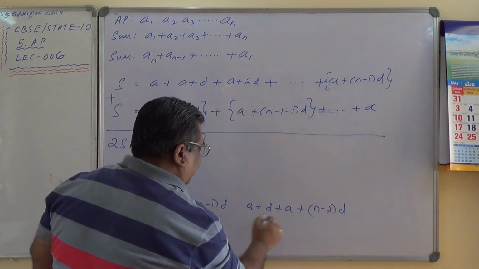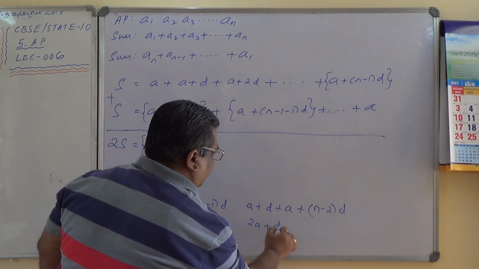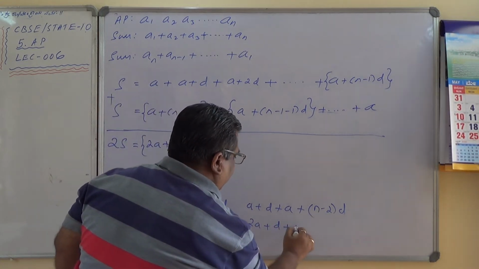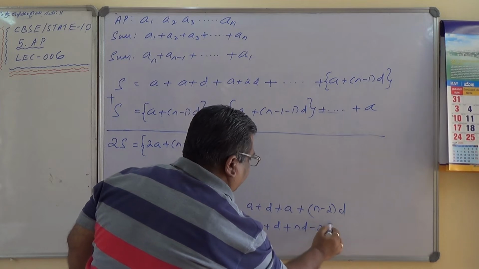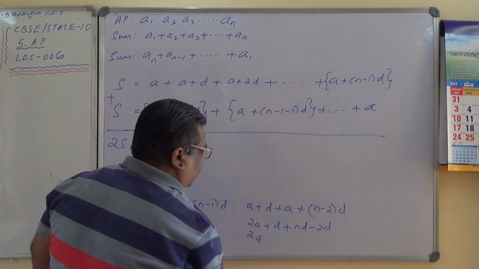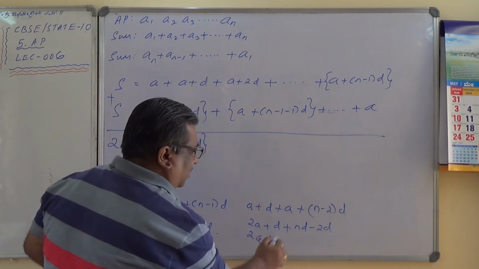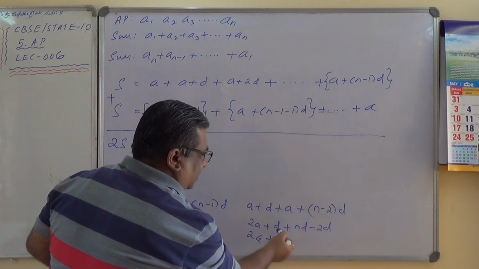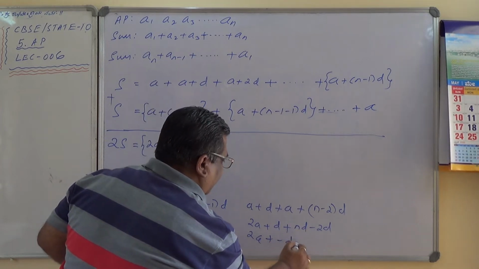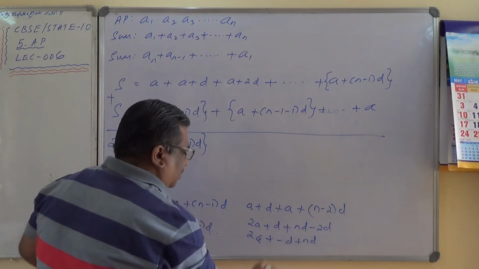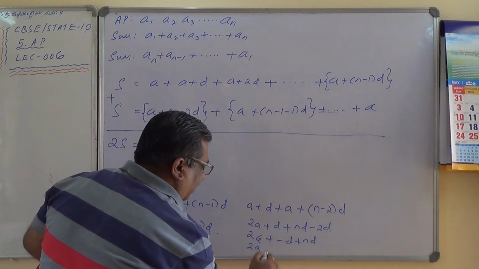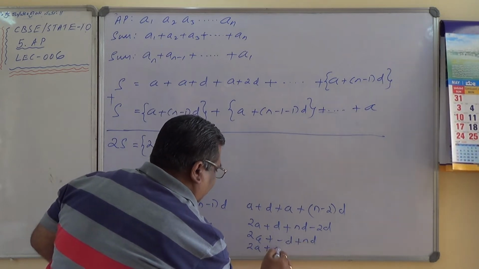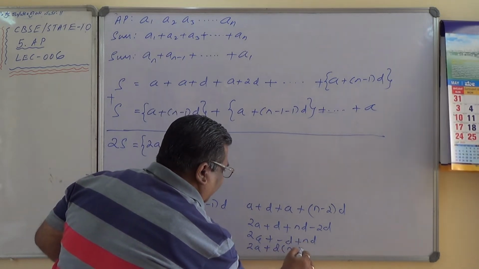Now here a plus a is 2a, plus d plus nd minus 2d. So this is 2a minus 2d plus d is minus d, plus nd. If you simplify, it is 2a plus, taking d common, n minus 1.